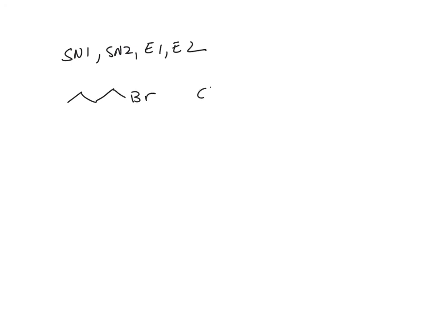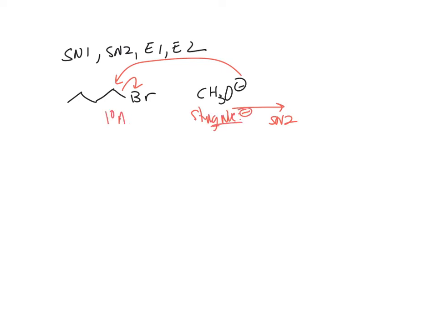But make sure you show your electron flow arrows. So this would be SN2, and the reason why, you have a strong nucleophile and you have a primary alkyl halide. So you are definitely going to have an SN2.